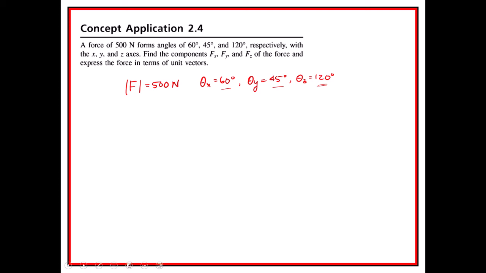Okay, but what we're looking for here is simply Fx, Fy, and Fz. So this is really kind of straight ahead. All you need to do is plug in: Fx is equal to F times the cosine of theta x, so that's 500 times the cosine of 60, or 250.0 newtons.